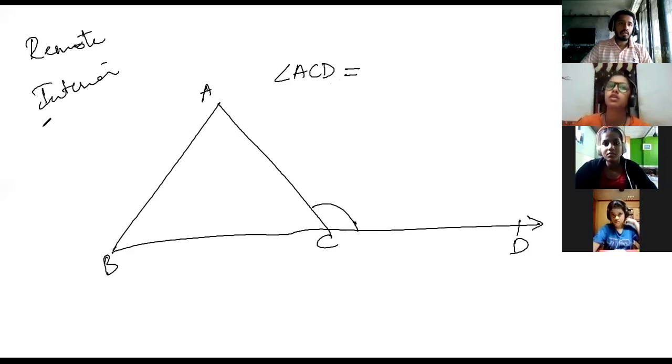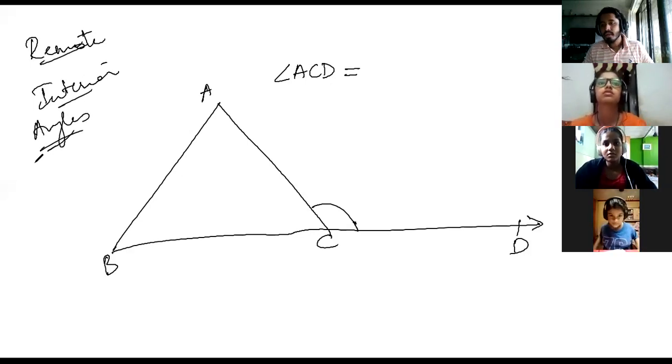Interior angles, what are these? What does remote mean? We have a remote at home, we use it for the TV. Why do we use a remote? So that we don't have to get up to change the channel. We sit far and we use the remote. So remote means something which is far from us, not close to us. Interior means inside. And angles, we know what an angle is.